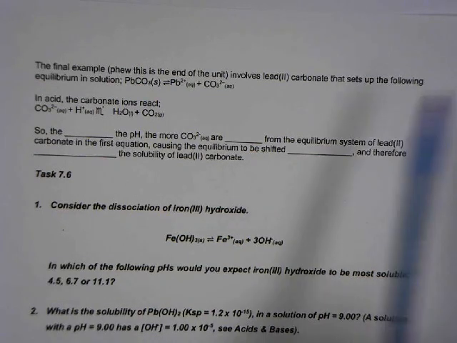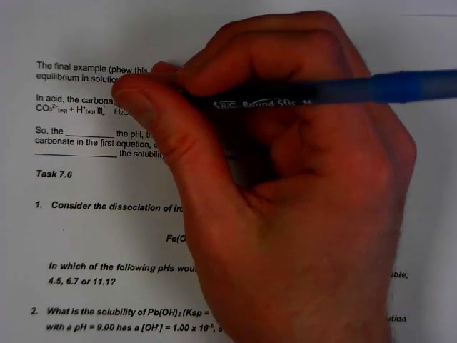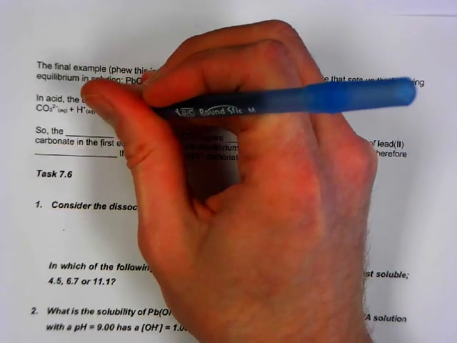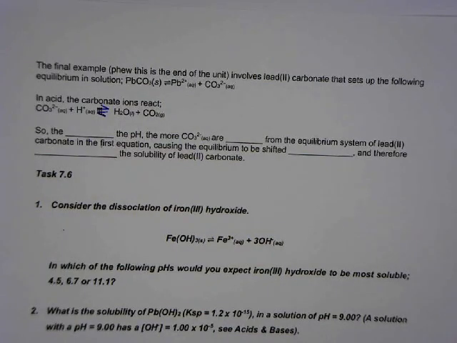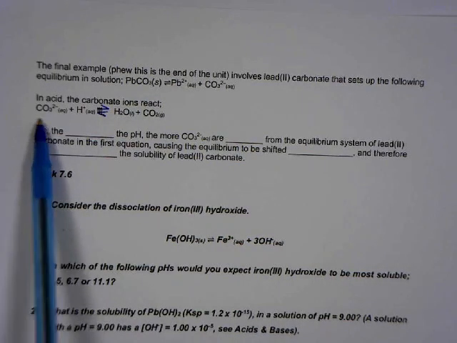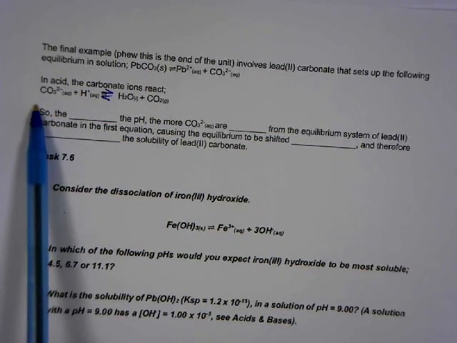The final example involves lead 2 carbonate and sets up the following equilibrium. PbCO3 solid is in equilibrium with Pb2+ and CO3 2-. In acid, the carbonate ions react. If I add in H+, what's the question?